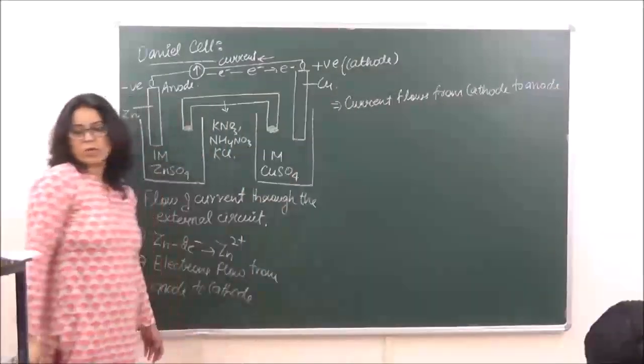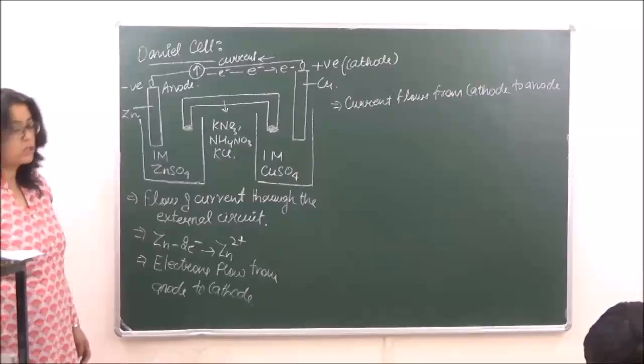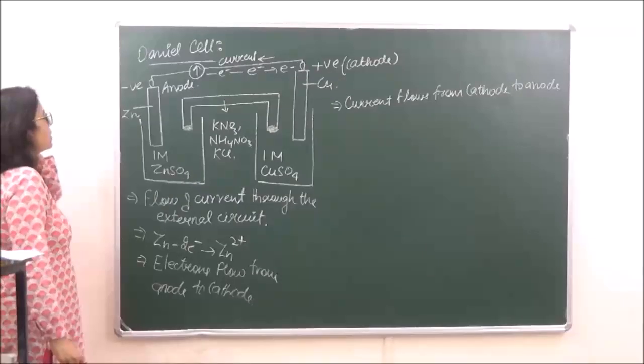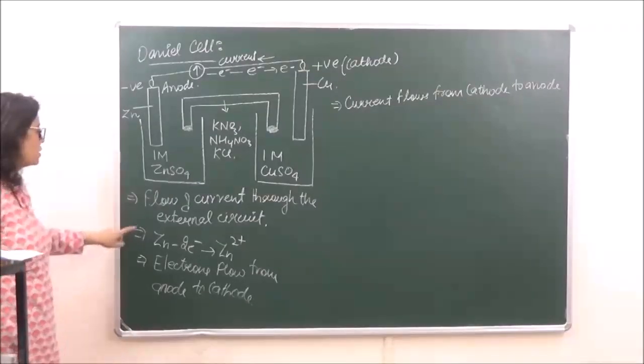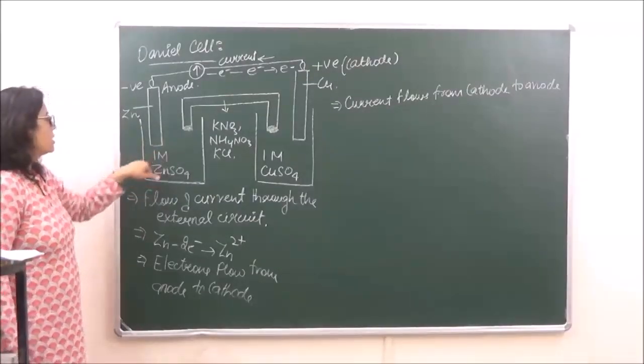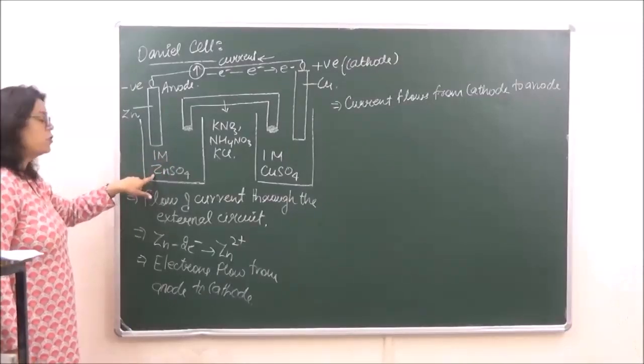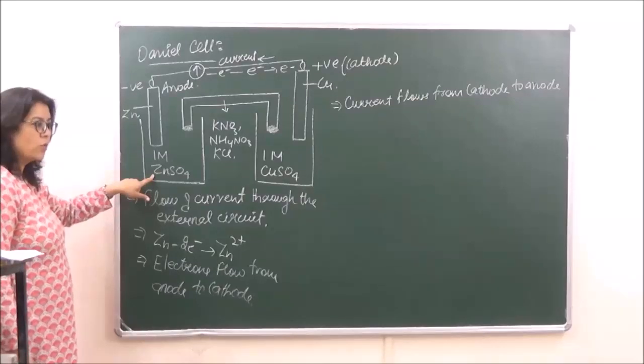Now in this case, because the zinc is losing electrons and positive charge is being accumulated in the zinc sulfate solution, the concentration of Zn2+ ions is going to increase over here.